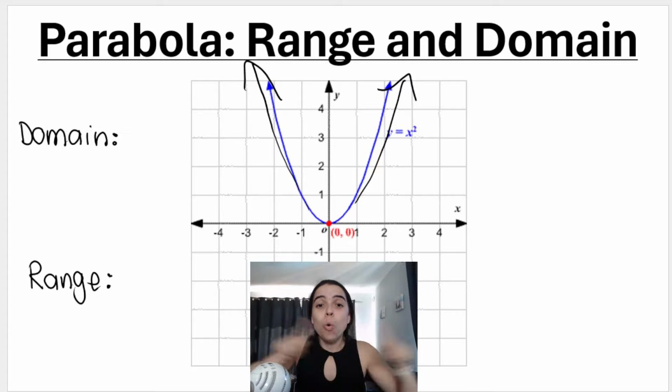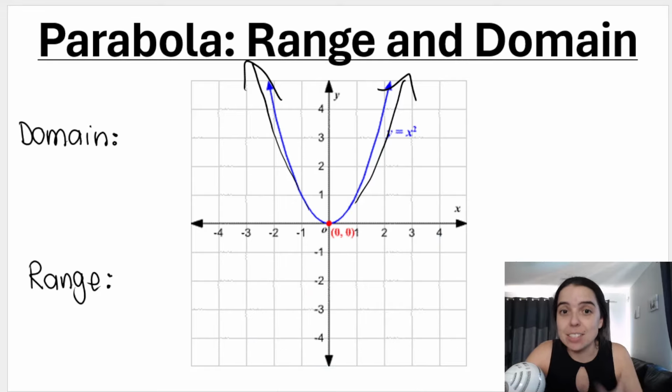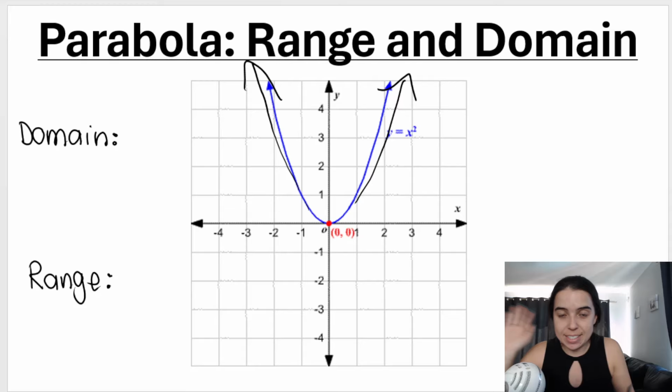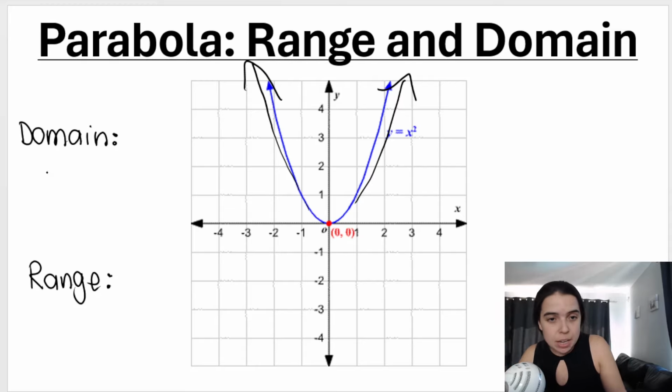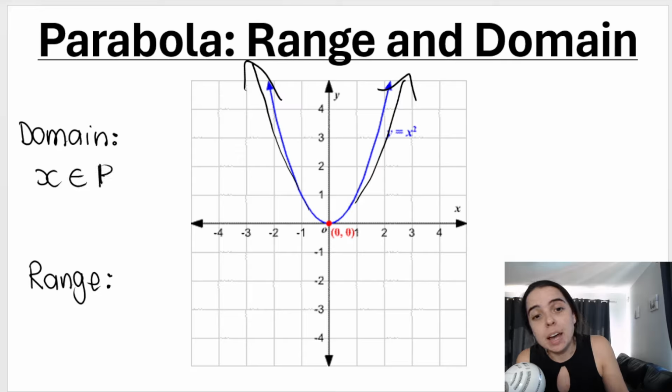So basically, all the x values are included for this function. They can exist for this function. So the domain for this parabola is x is an element of real numbers, or x is an element of from negative infinity to positive infinity.